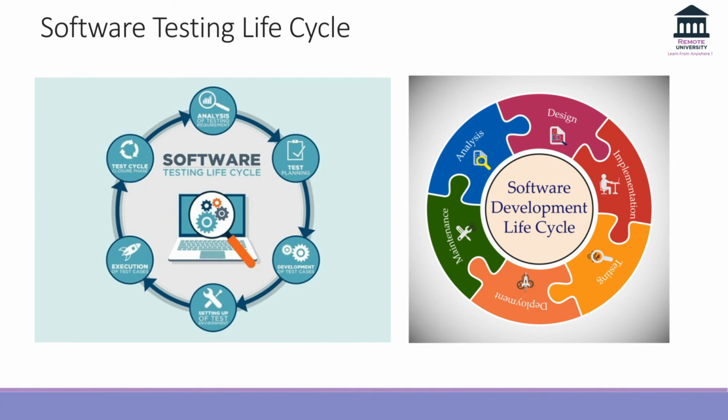But just remember, we will be creating an artifact called the software test plan. Once the test planning is completed, we move on to software test case designing. We talked about the requirements and analyzed them, and now we have requirements which are derived during the product or software development life cycle.